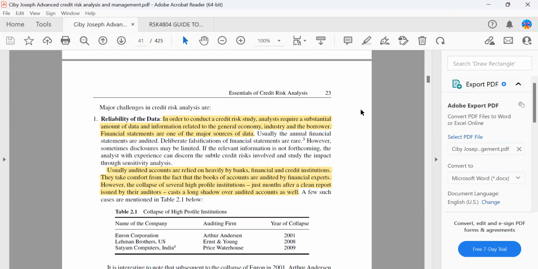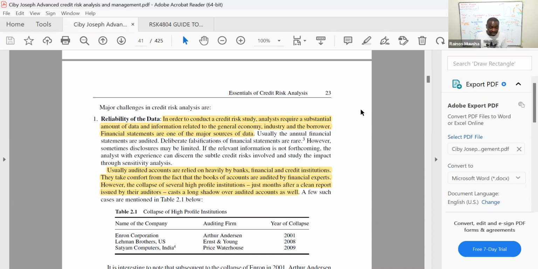KPMG. Yes, it was KPMG, where we saw that. So if big audit firms like KPMG can also be subject to such practices, going into detail regarding that, I'm not going to worry.